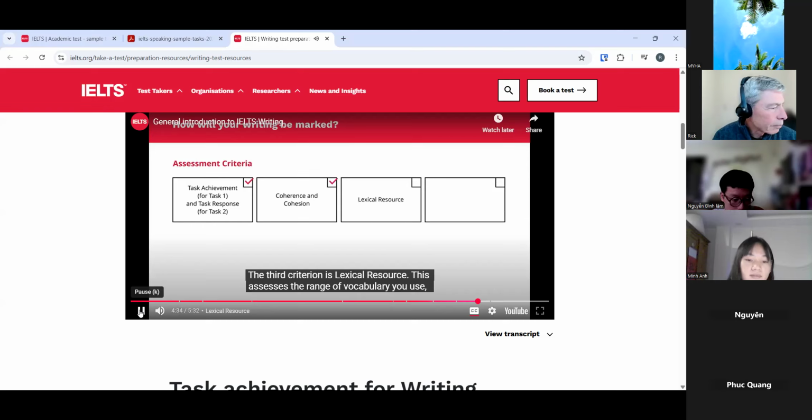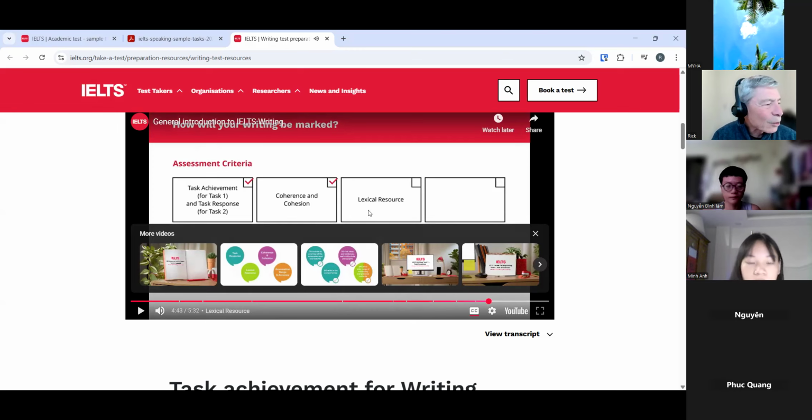The next criterion is lexical resource. This assesses the range of vocabulary you use, how accurate it is, and how appropriate it is for the task or topic in question. Lexical resource is just a formal way of saying vocabulary. Vocabulary, of course, is words. Are you using the correct English words?